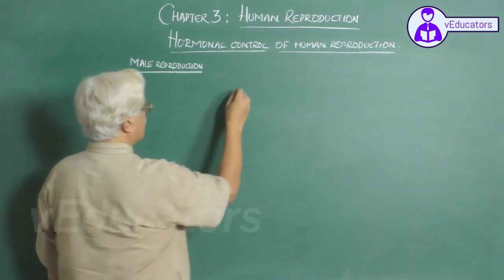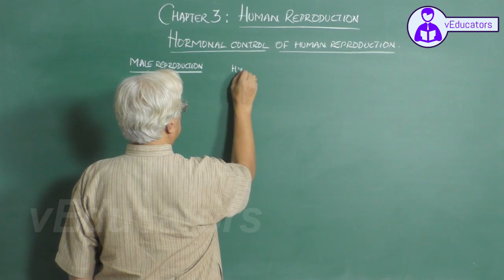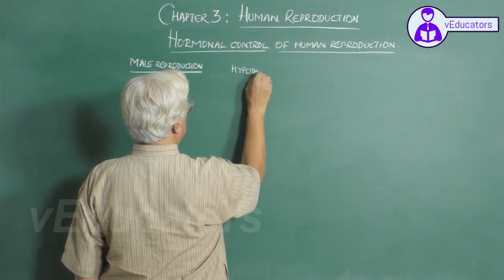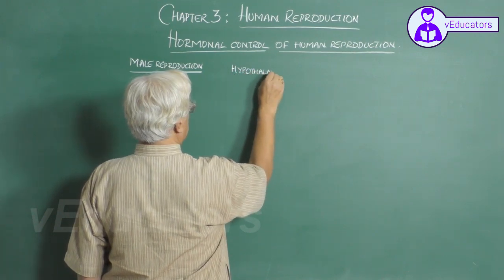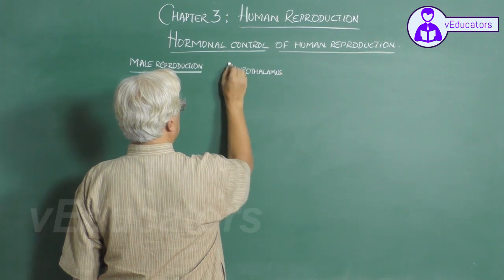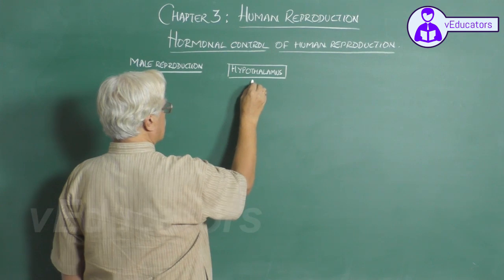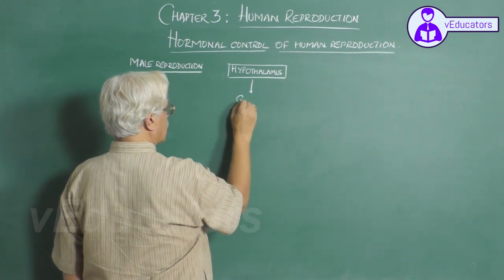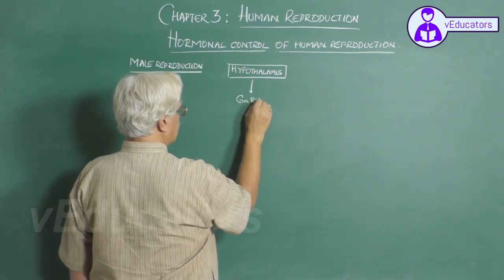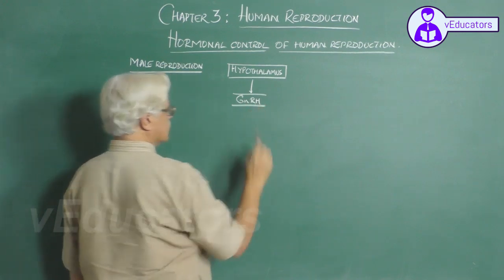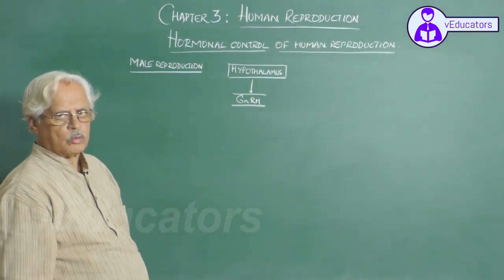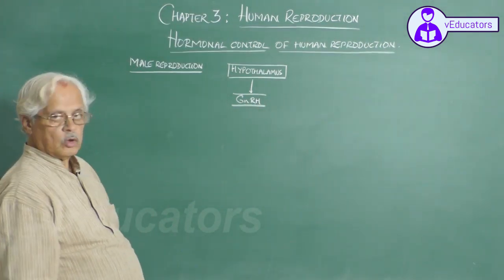Again, hypothalamus releases gonadotropin releasing hormones.